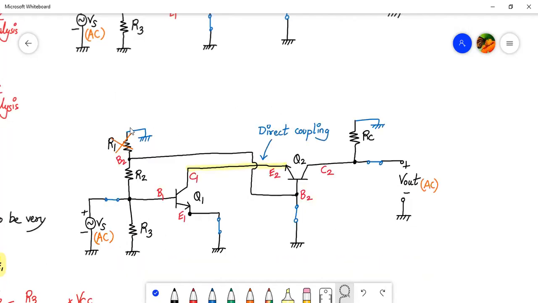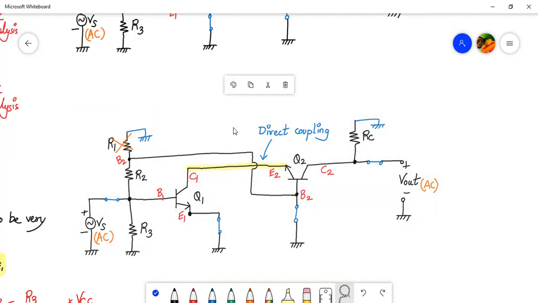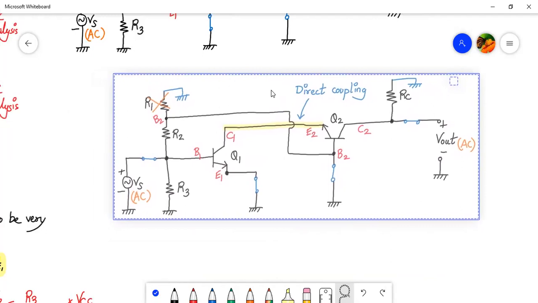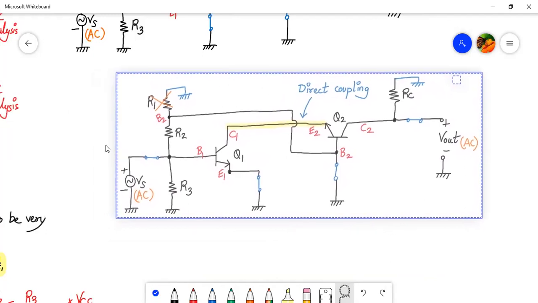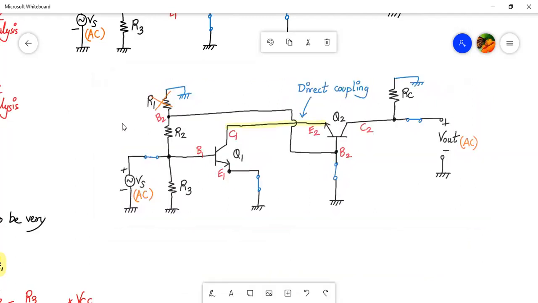So let me move a little this side. So we are ready to resume now. Once we have simplified the network, our circuit will reduce to something like this. Let me maximize this now.